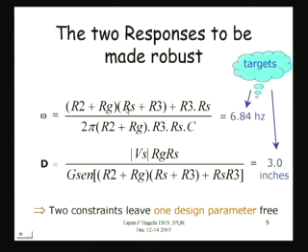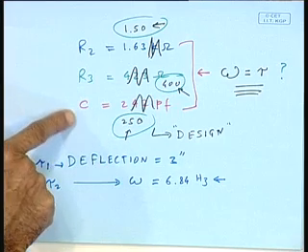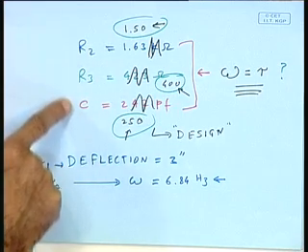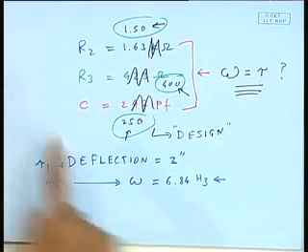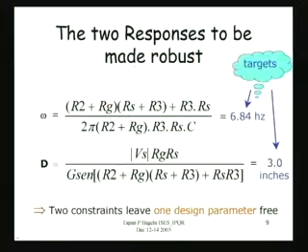With these 2 target values, I can manipulate. Now my design variables are the same ones. I've got R2, R3 and C. These are the 3 different design variables. I can choose these in such a way that I meet this target and also I meet this target. And that I could do because of this equation.